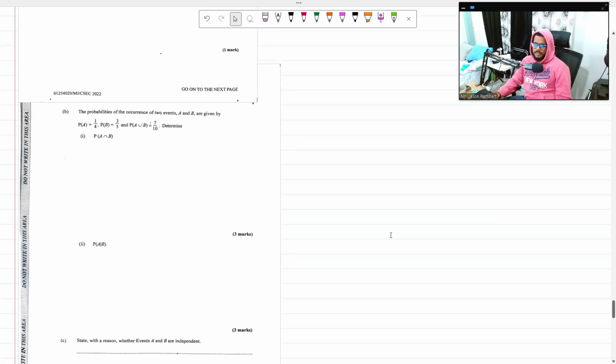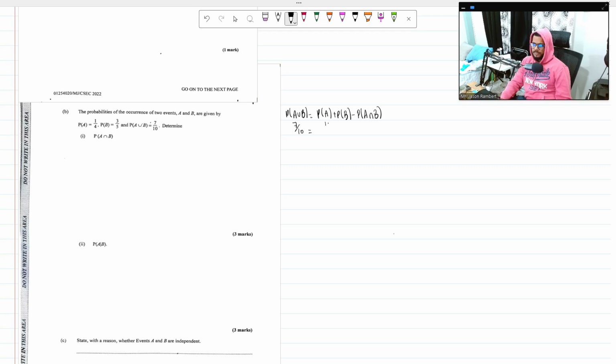The probabilities of the occurrences of two events A and B are given as this, that, and that. A intersect B. So using the law, the probability of A union B is the probability of A plus the probability of B minus the probability of A intersect B. A union B is 7/10.